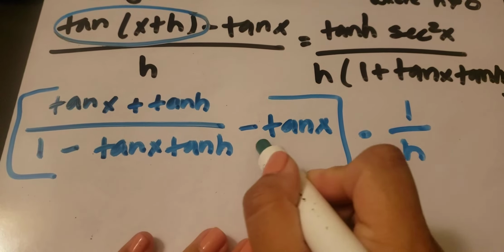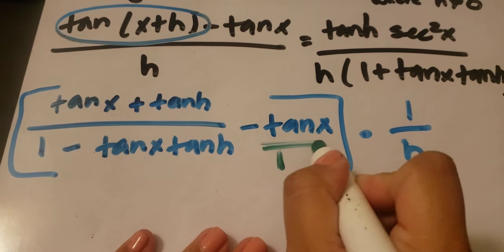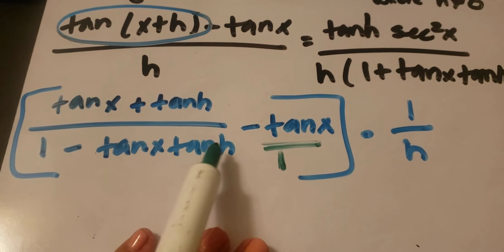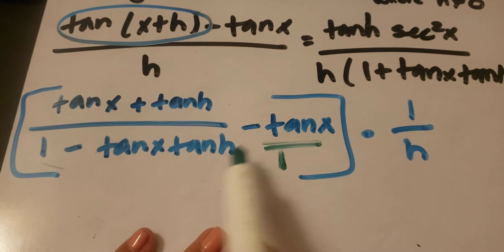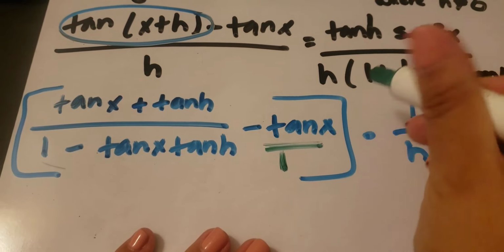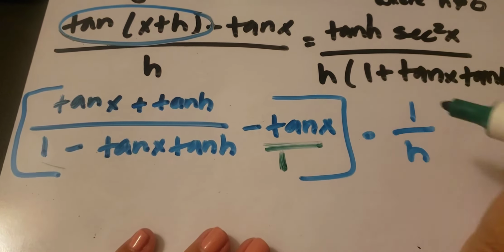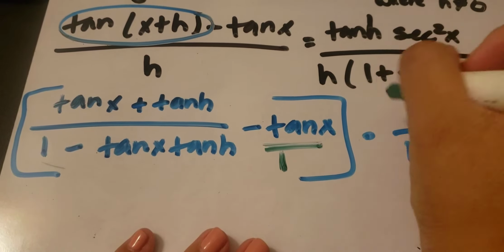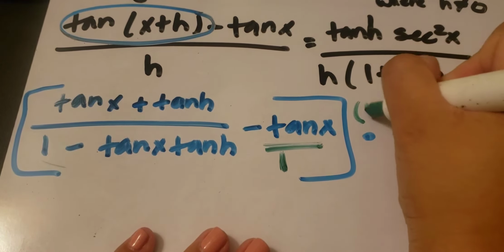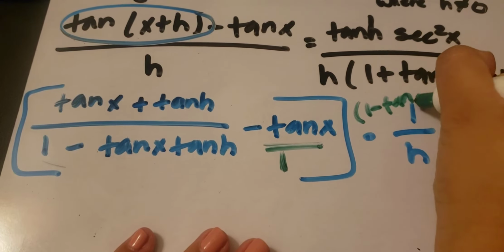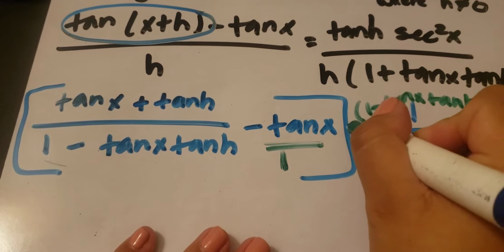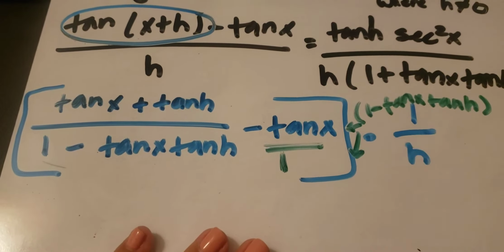I can write this as a fraction by putting it over 1, and we need a common denominator. So I'm going to take this denominator, 1 minus tangent of x times tangent of h, and multiply it to the top and the bottom. I'll write it once because I don't have any room here.